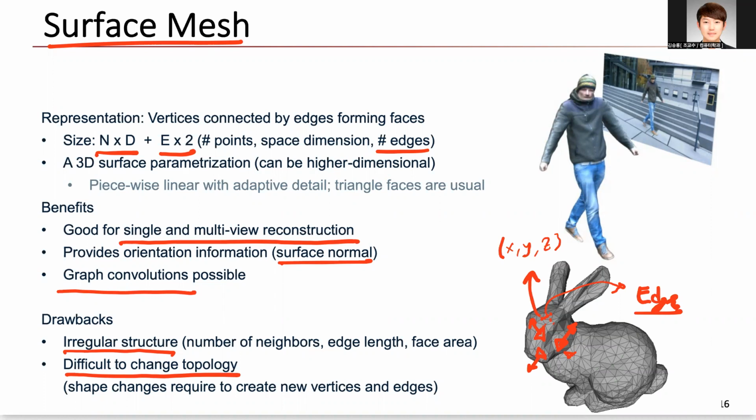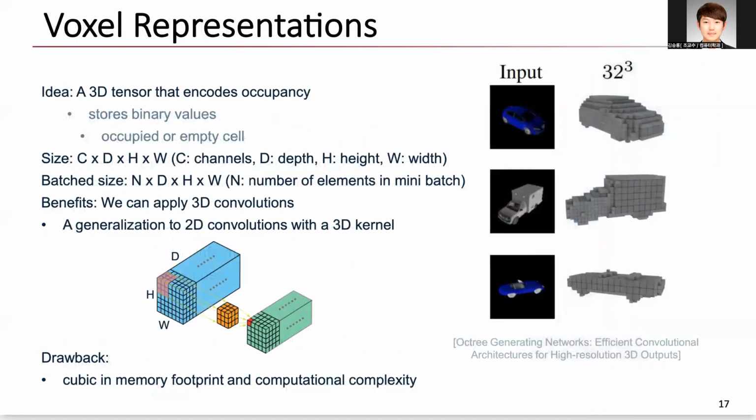So a shape change requires creating new vertices and edges, which in turn adds computational burden. Yeah, that was the meshes.